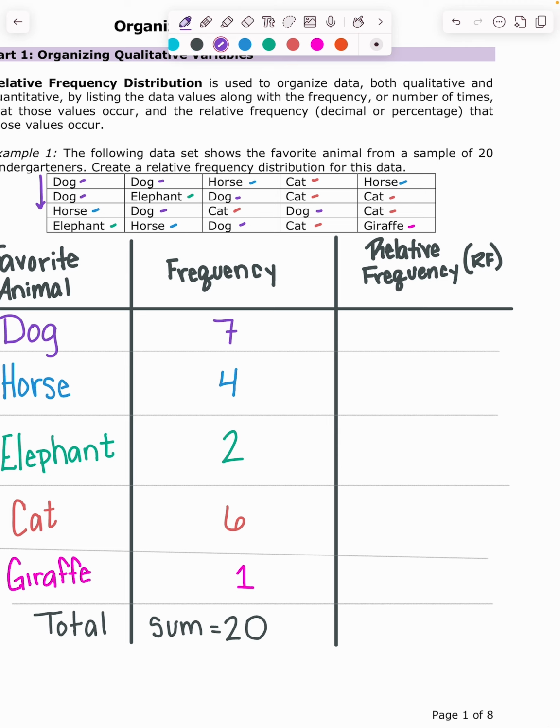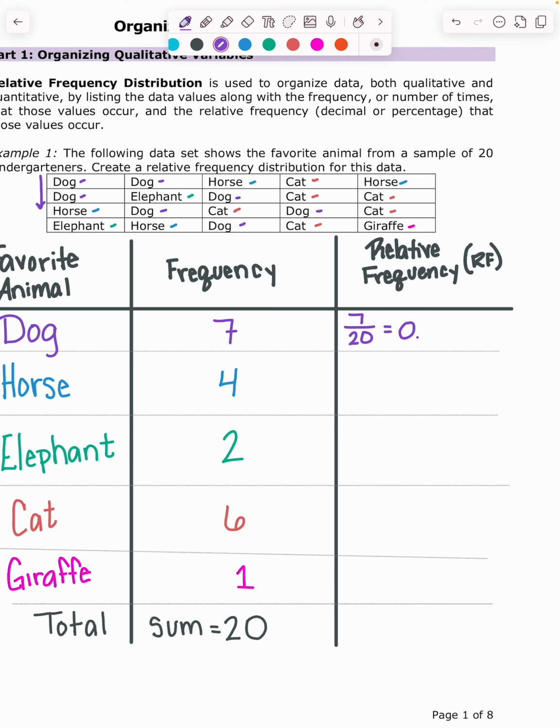Because now what we're going to do in the relative frequency is take the frequency for this row, so there were 7 dogs, and divide it by the total number of kindergarteners that I asked. So 7 kindergarteners chose dog out of the 20 kindergarteners in total.